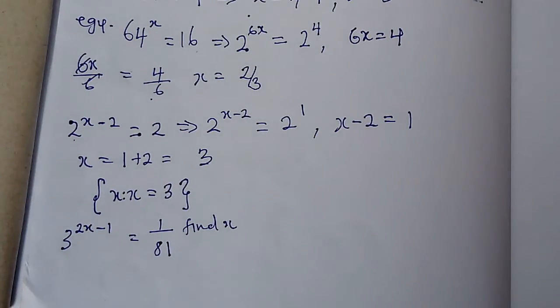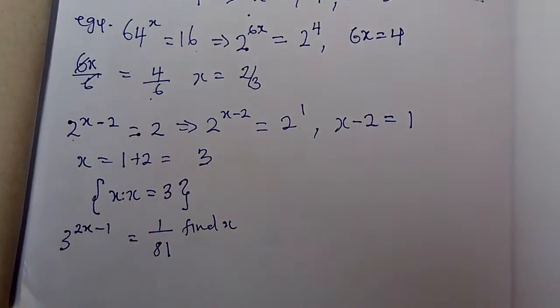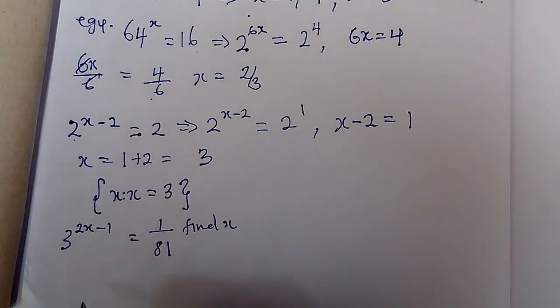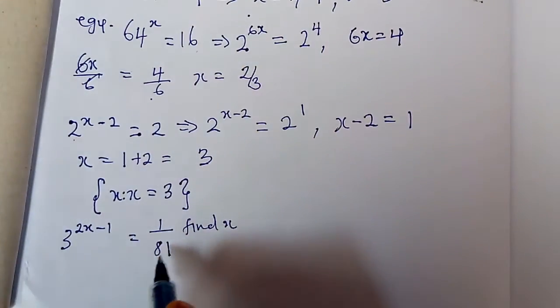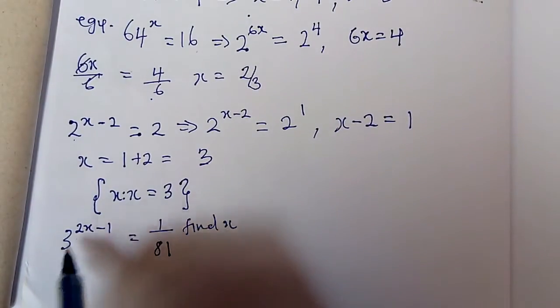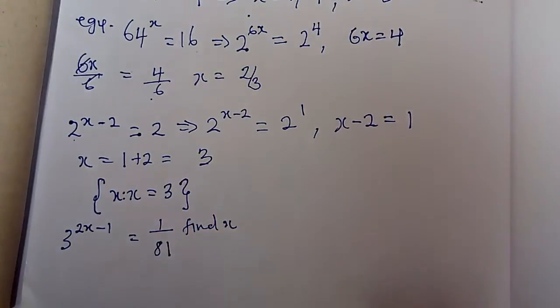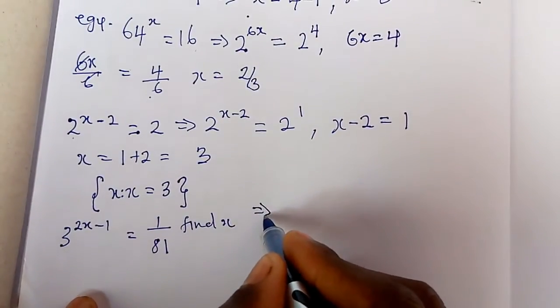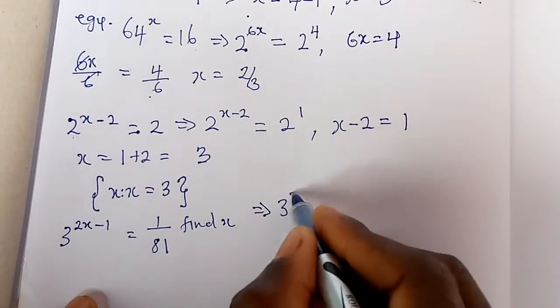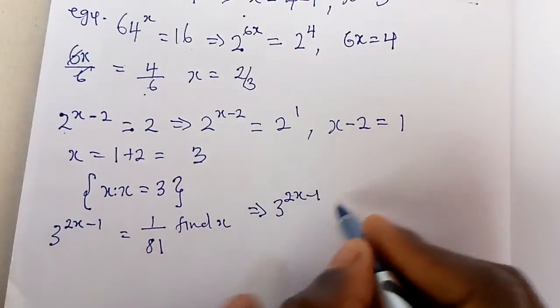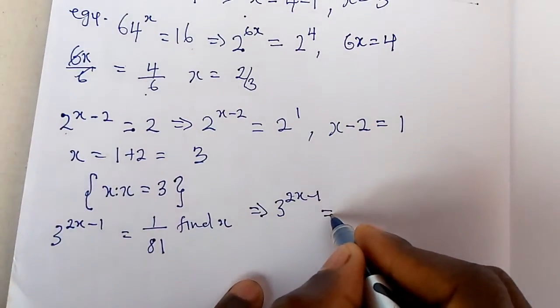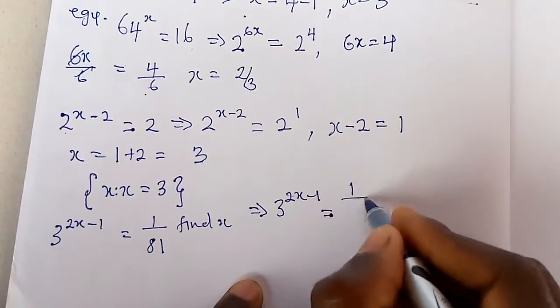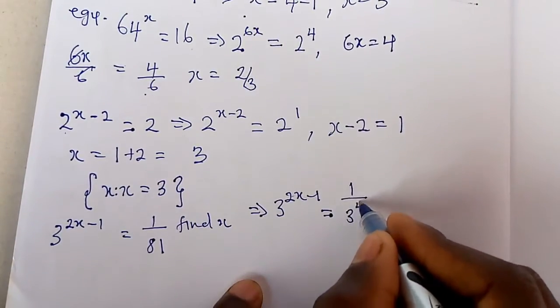To find x, we simplify this so that the base will be like the base here. So 3 raised to power 2x minus 1 will be equal to 1 over 3 to the power 4.